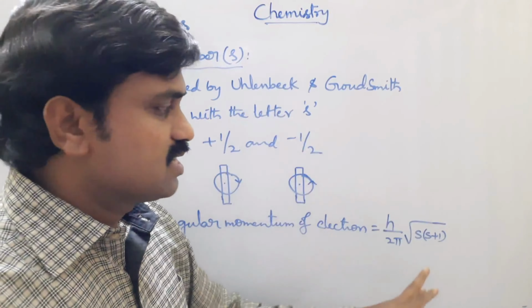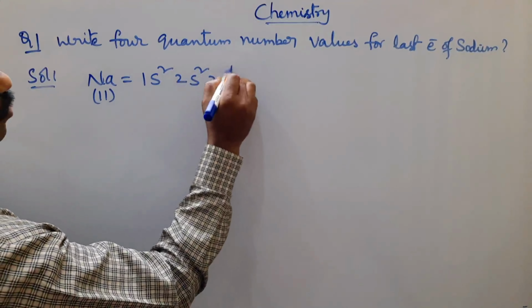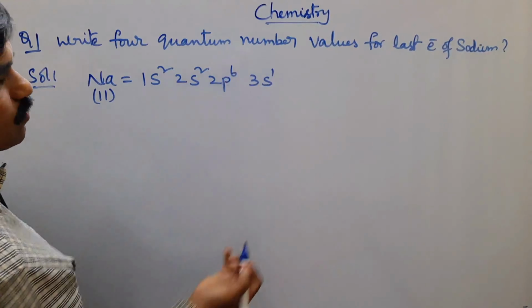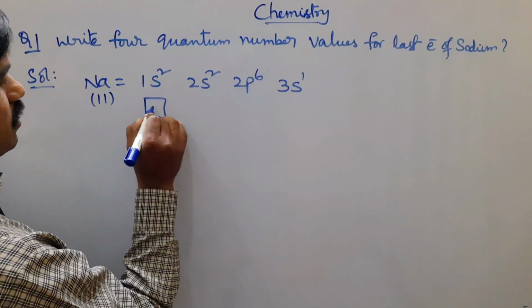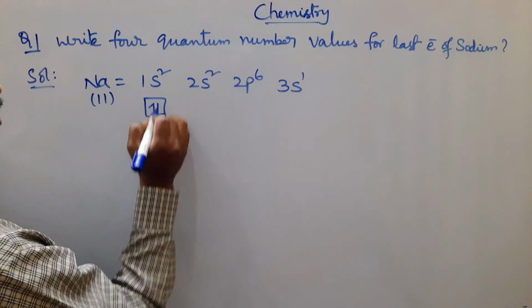Look at a question based on quantum numbers. First one is: write the four quantum number values for the last electron of sodium. Sodium atomic number is 11. Its electronic configuration is 1s2, 2s2, 2p6 and 3s1. In its 1s level, one electron is upward direction, one downward direction.